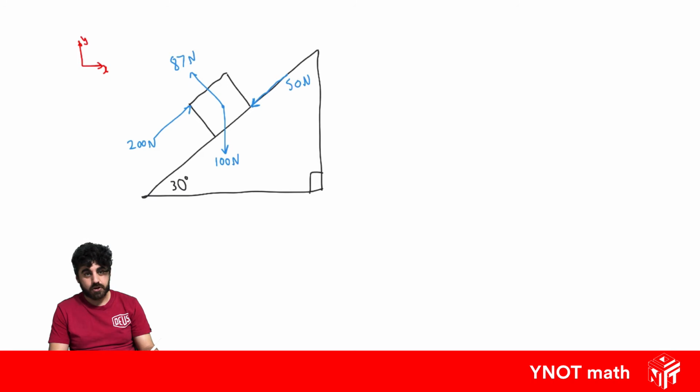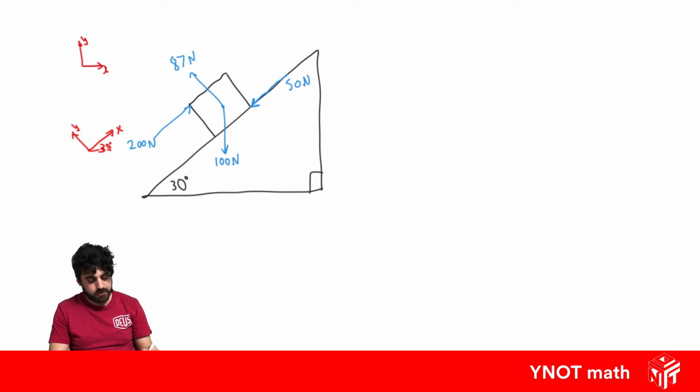But in this situation, instead of using our XY axis in a direction like this, we can actually turn our XY axis to be parallel with the incline. So it would make much more sense to think of our XY axis on an angle like this at 30 degrees. Which is kind of tricky to think about, but as long as we reference everything with this axis, everything will be okay.